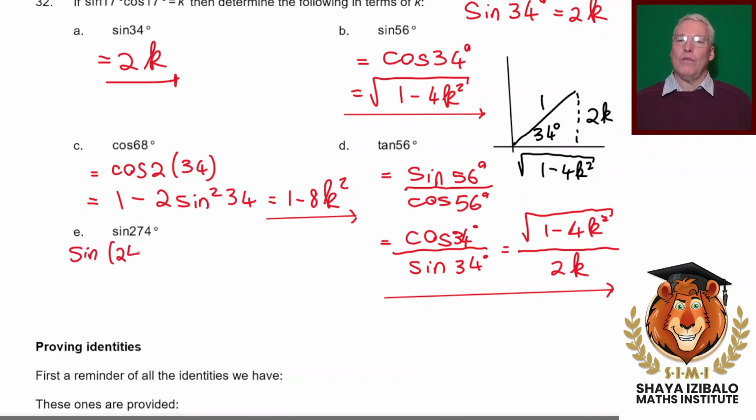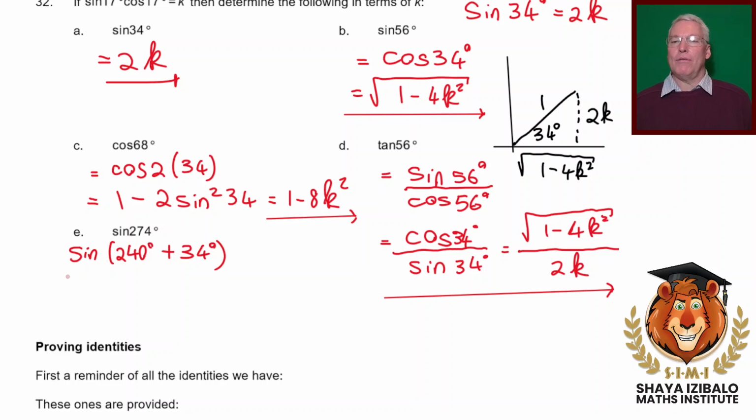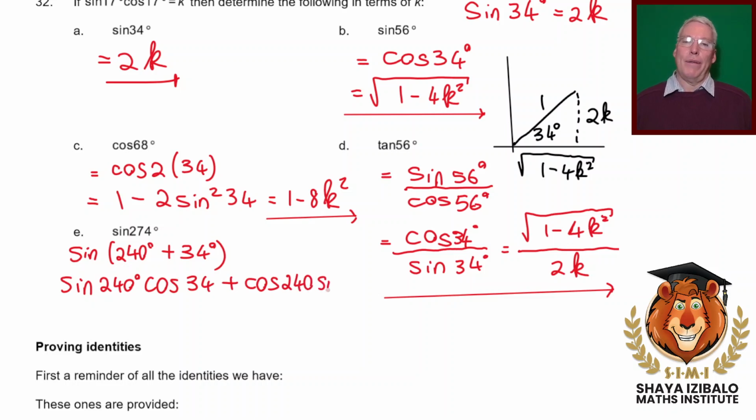So sine of 240 plus 34. Now sine of 240 plus 34 is going to be sine 240 cos 34 plus cos of 240 sine 34. Right, sine 34 we know is 2k.